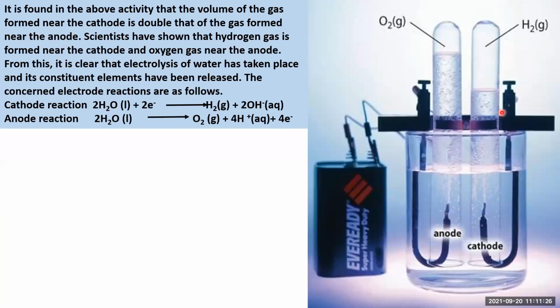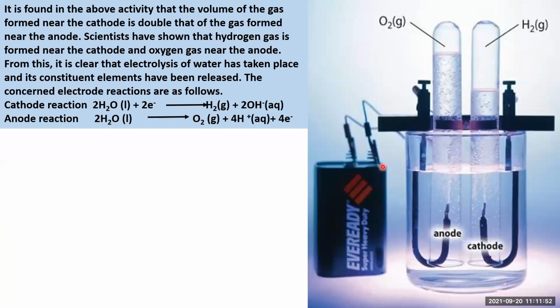So this is how we prepared the apparatus to understand the electrolysis of water. In this way, the electrolysis of water can be carried out by taking a beaker and putting in two test tubes and two electrodes, connecting the terminals of a battery to the two electrodes.